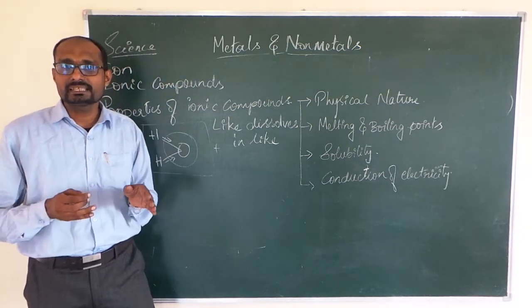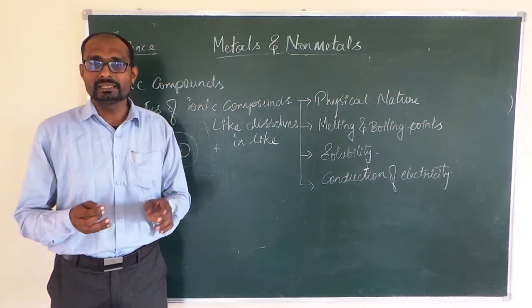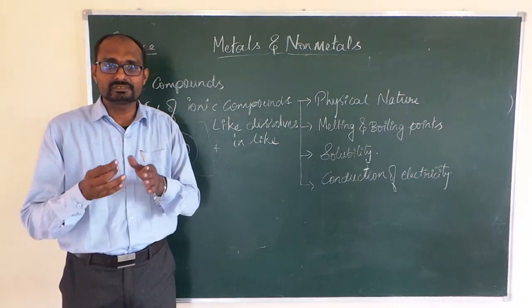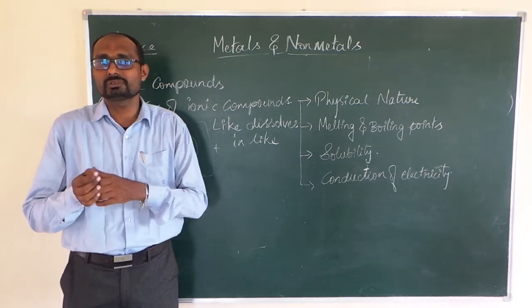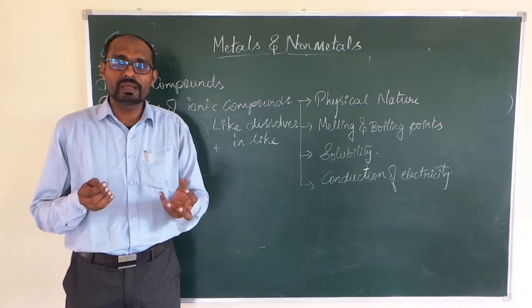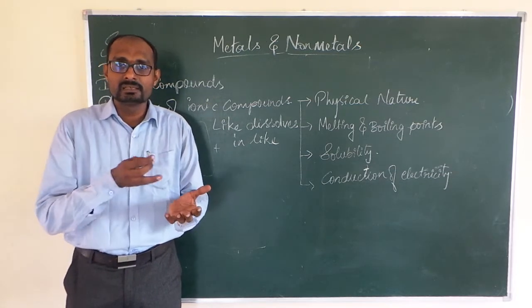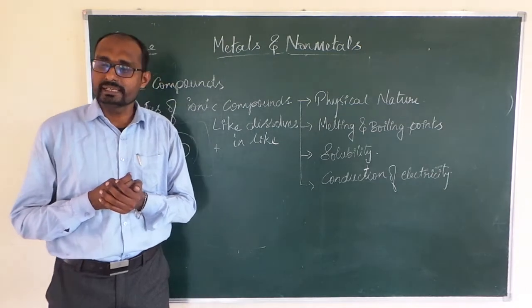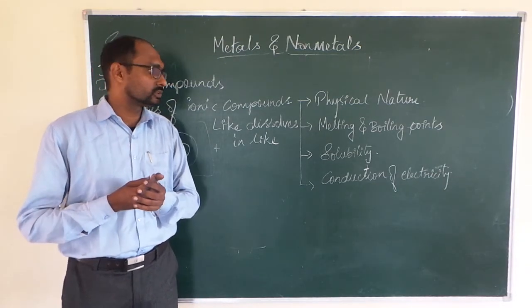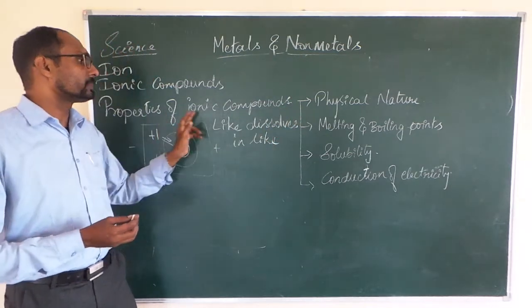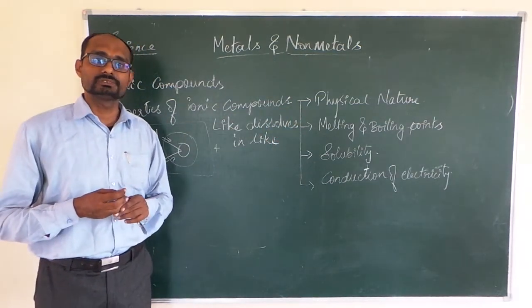But it will start conducting electricity when I add water to it. That means electric current will pass through salt solution but not salt. Similarly, if I boil it, if I melt this sodium chloride, then yes, it actually conducts electricity. So these are the properties of ionic compounds.